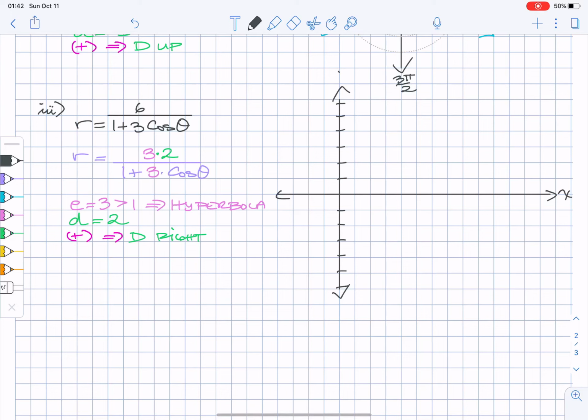So x, oh, not x and y. What am I saying? 0, pi over 2, pi, and 3 pi over 2. And now we will put our concentric circles, or try to put our concentric circles to indicate the grid and polar, etc. Okay, you get the idea.